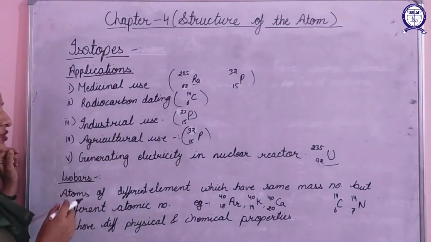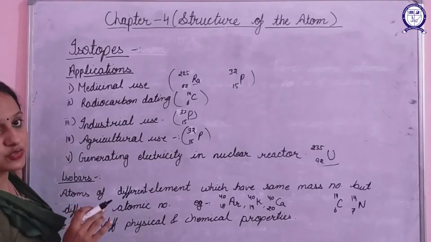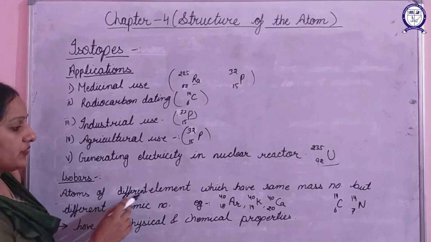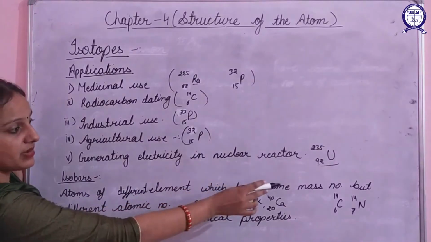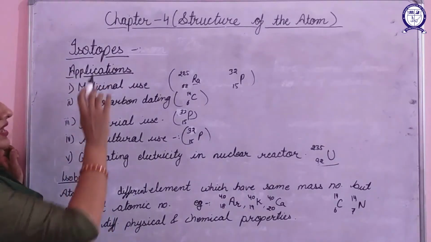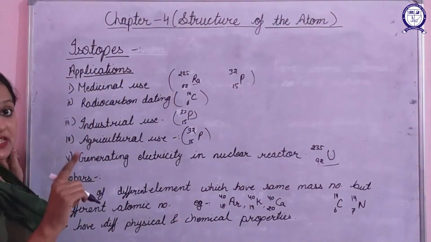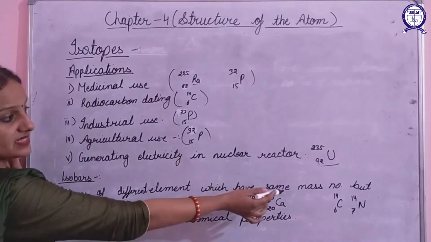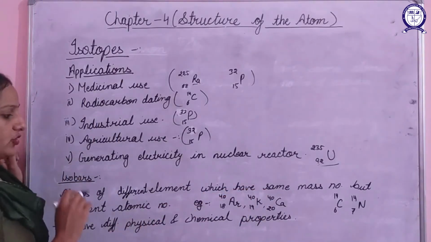Next is isobars. What basically are isobars? Isobars are the atoms of different elements which have the same mass number but different atomic number. What is the difference between the two? Isotopes are atoms having the same atomic number but different mass number, and here it is the same mass number but different atomic number.